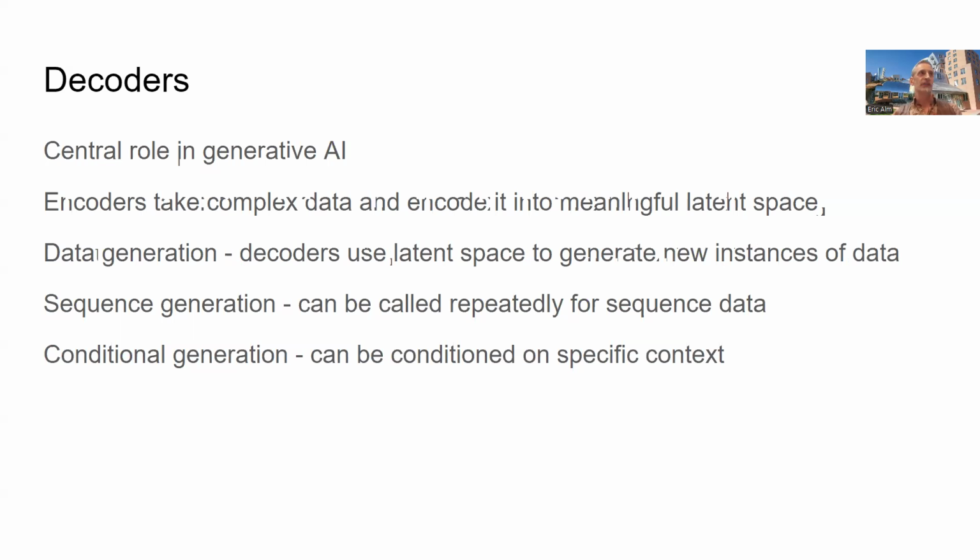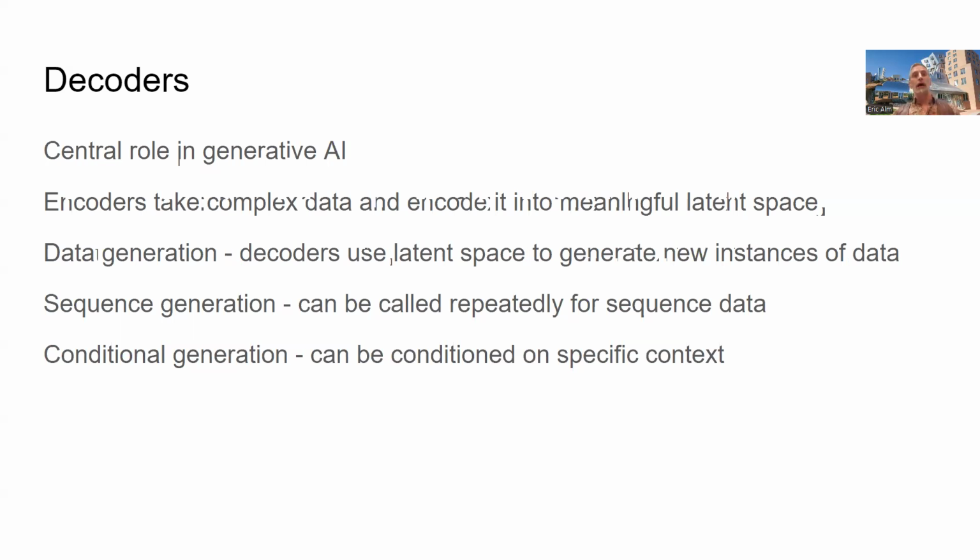We want to start with the word cat and then output new pictures of cats, right? And so that's really what the decoder is doing. If encoders are taking our complex data and putting it into a more compact and meaningful latent space, our decoders are taking an object from that latent space and decoding it into a complicated object, like a 2D picture.